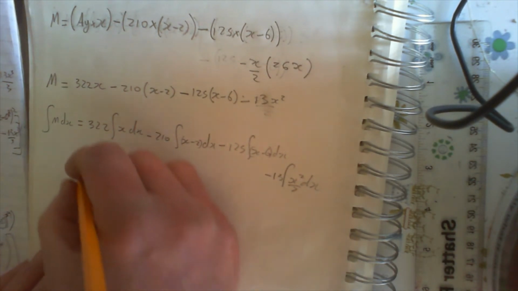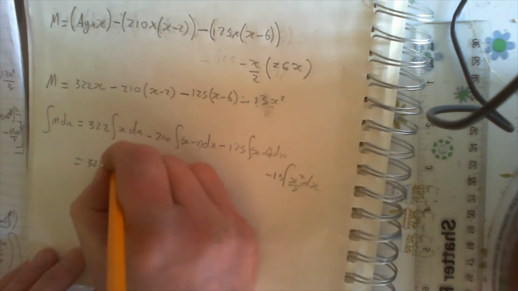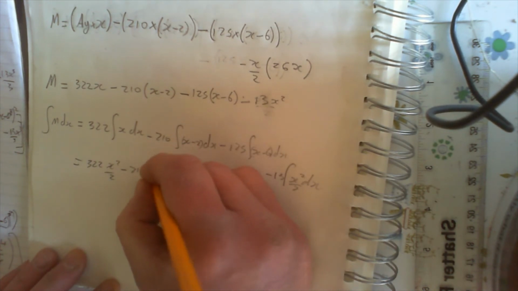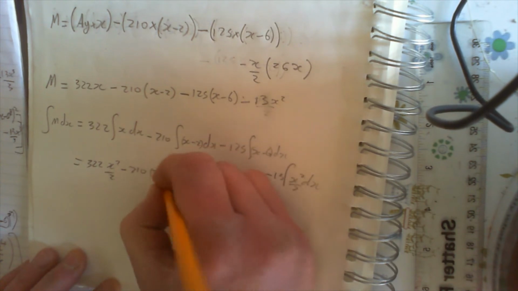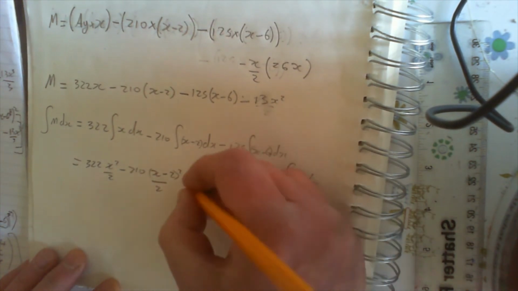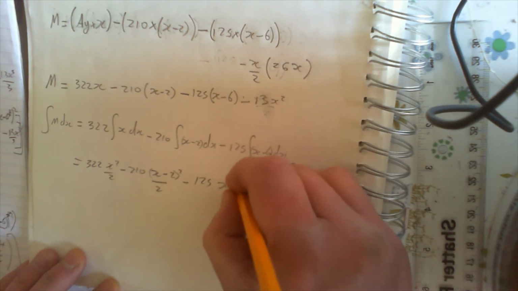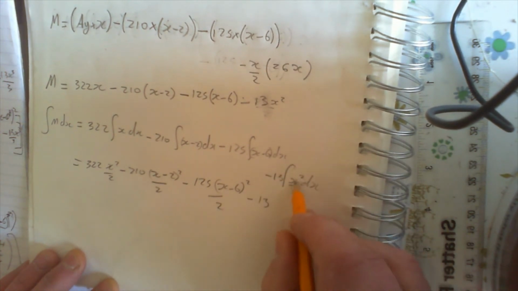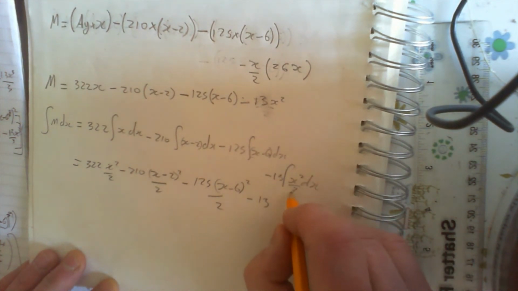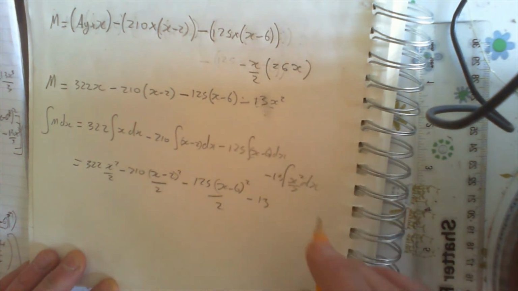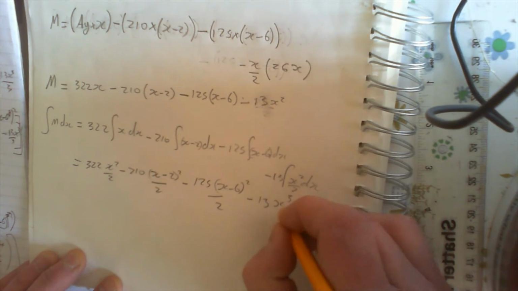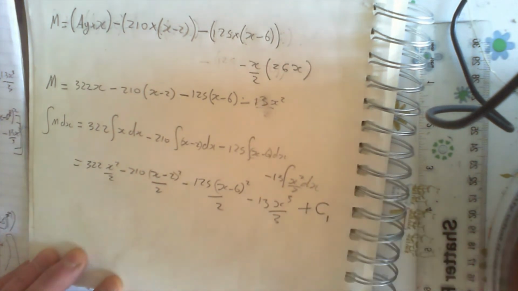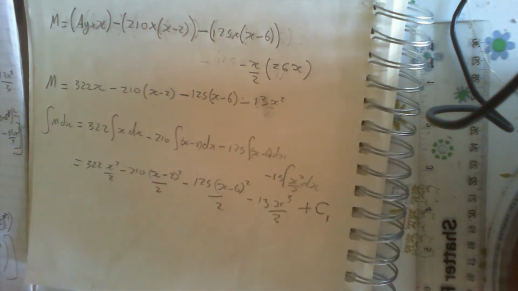So that's going to be 322x squared over 2 minus 210 times x minus 2 squared over 2 minus 125 times x minus 6 squared over 2, and this is minus 13, and that will be x to the, well that's just 13, I took that 2 out, so that will just be 13 times x cubed over 3 plus c1. That's our constant of integration.